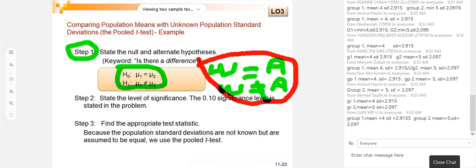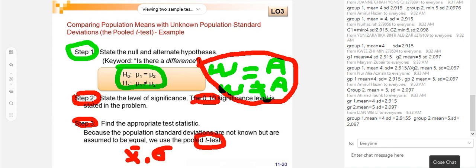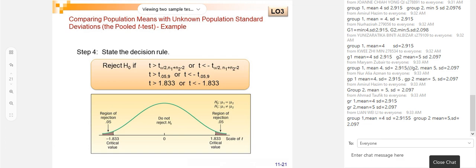Then step number 2, level of significance 0.01 is given. Step number 3, we need to find out what is X bar and what is the standard deviation. That's why we use the pooled t-test. Just now kita kira value masing-masing kan, because not given the standard deviation. Then we see step number 4.